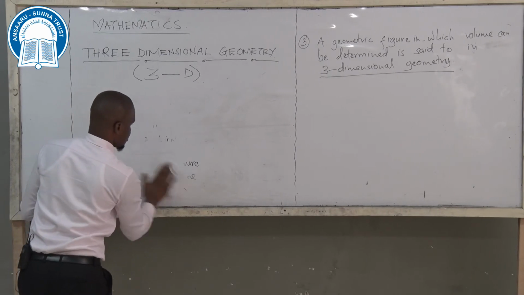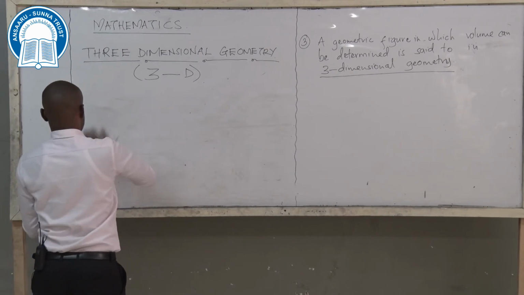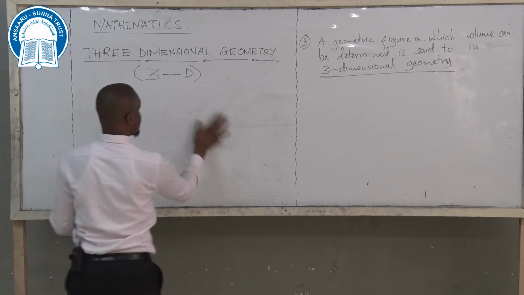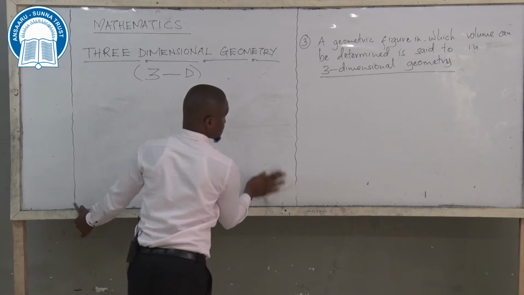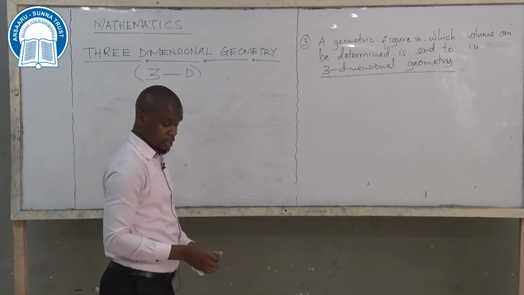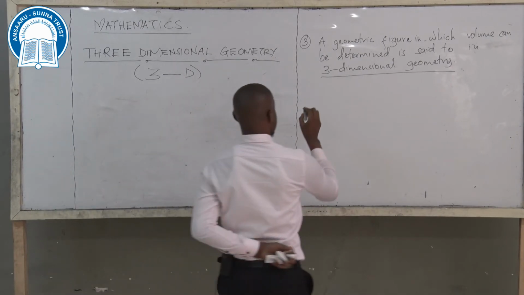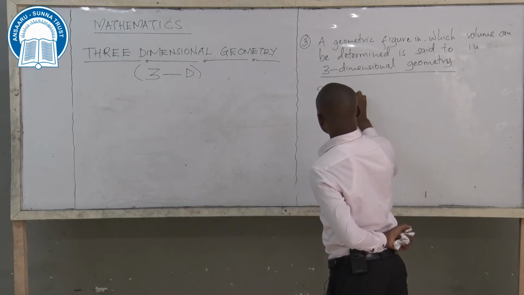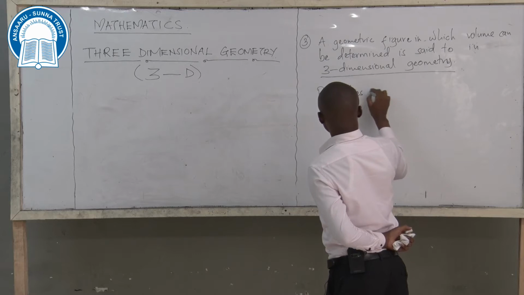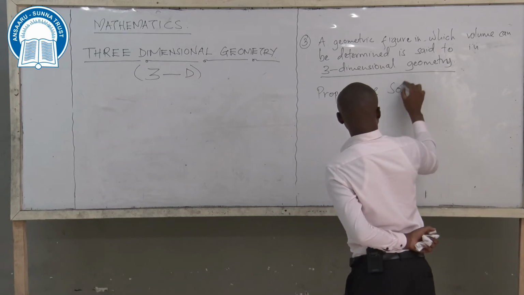And I want to go to another level. These are things you were introduced to in Form 1 when you were getting the shapes of solids. So to start with this seriously, I would start by saying properties of solids.